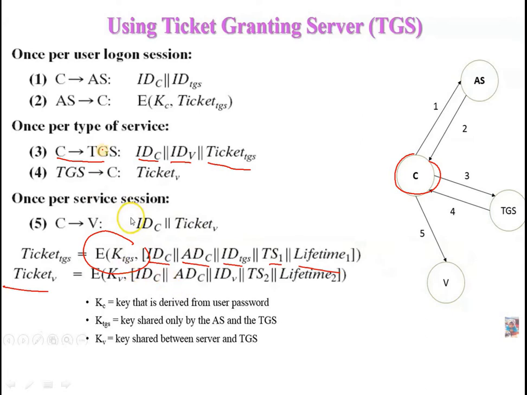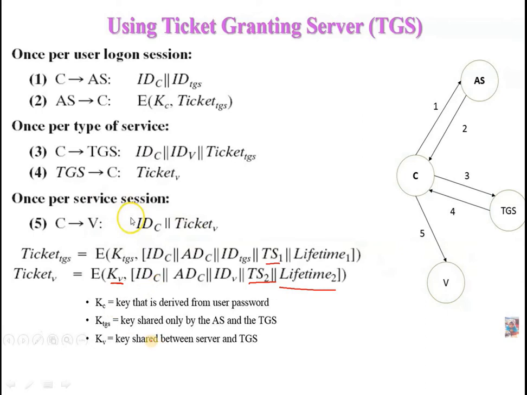This ticket V contains all the information like IDC, ADC, IDV, and timestamp 2. Earlier it was timestamp 1, but now a new ticket is generated, so a new timestamp and new lifetime are added by the TGS: timestamp 2 and lifetime 2. This is encrypted by KV.